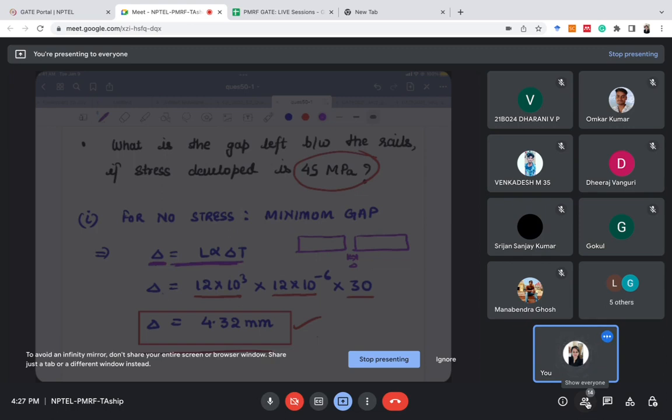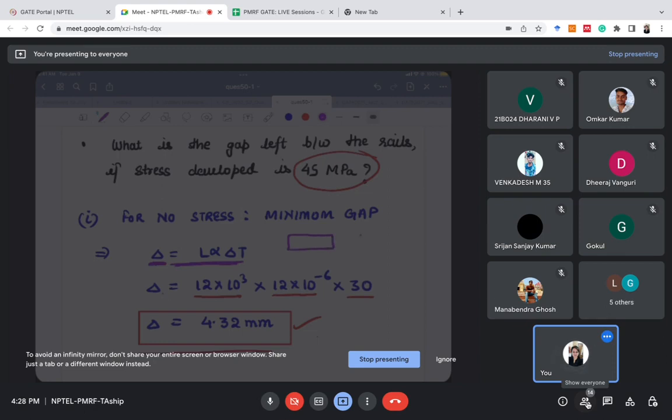If the gap would be more than delta, then there will be no stress. Is it clear why 45 MPa is generated? If not, I'll explain again. See, the minimum gap for no stress is delta.